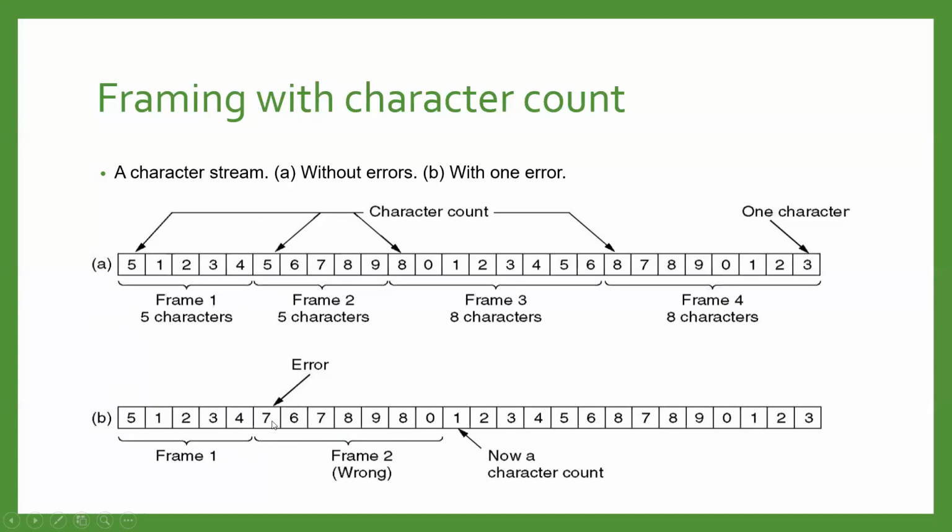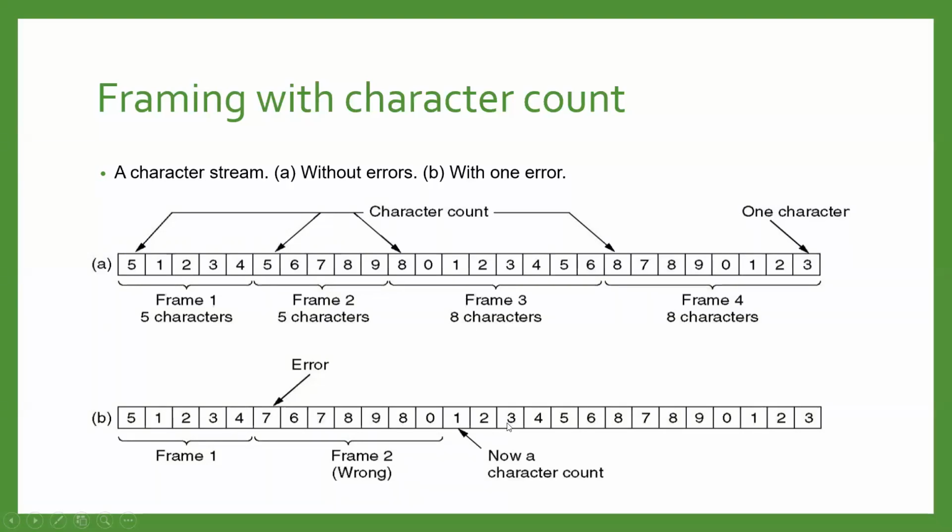Now the next frame shows a character count of 7. So 1, 2, 3, 4, 5, 6, 7. Up to this, the second frame is available. So we are saying that a total of 7 bytes are available. Now this shows a new character count, that is 1. What does this 1 mean? It means only one byte is present in this frame, which is itself the character count. This is something wrong. The next one is a 2, that means 2 and 3.